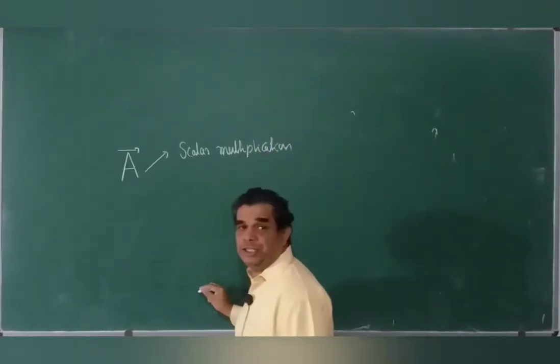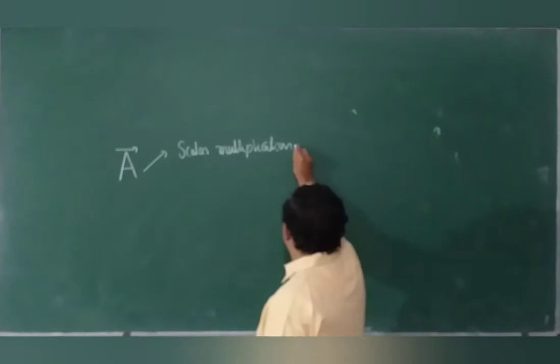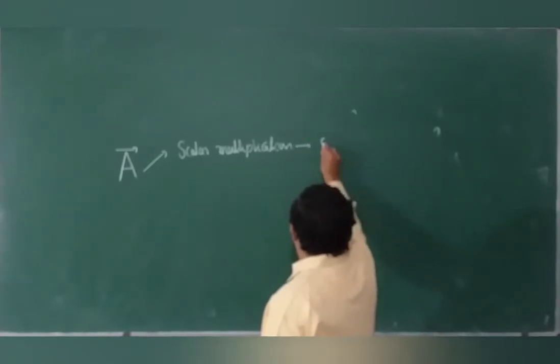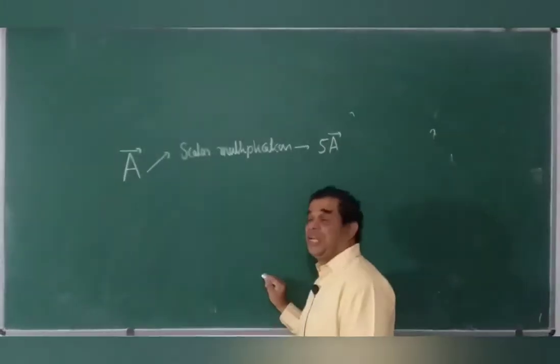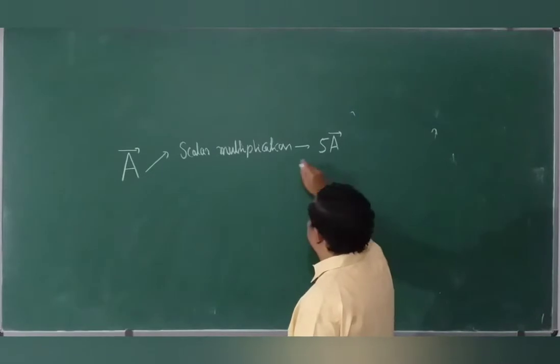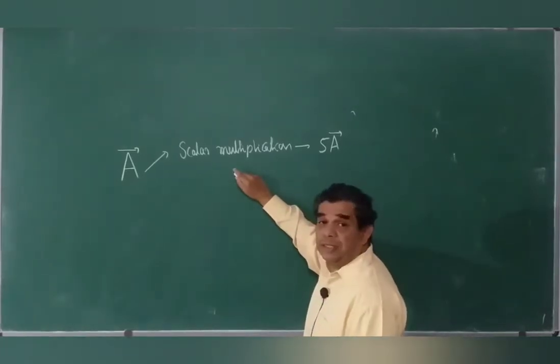Scalar multiplication means, say, if I multiply A with 5, 5 is a number, a scalar, 5A. That's why we call it a scalar multiplication.